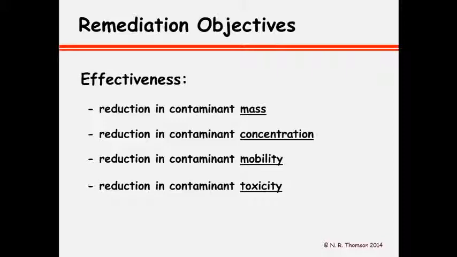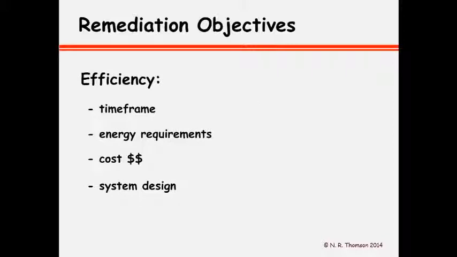With regard to toxicity, that perhaps relates to a compound that perhaps through a transformation reaction would become a less toxic compound. Its friend to effectiveness is efficiency, and that deals with it when, for a particular chosen remedial technology, you would want it to be cleaned up within an appropriate time frame.